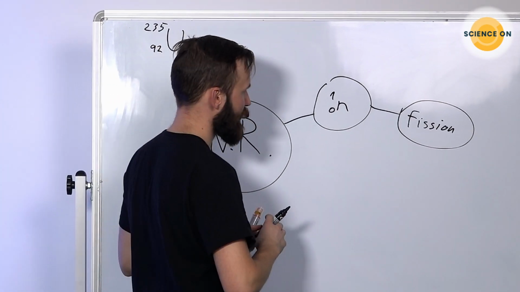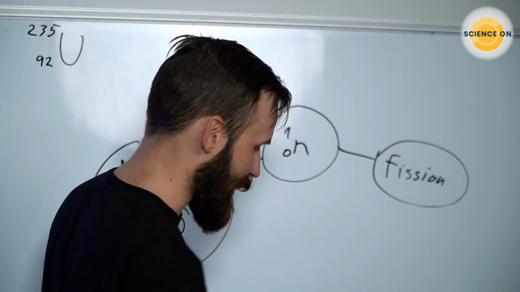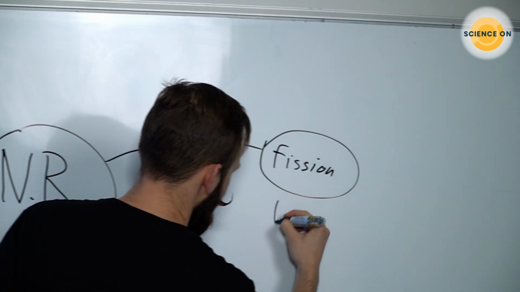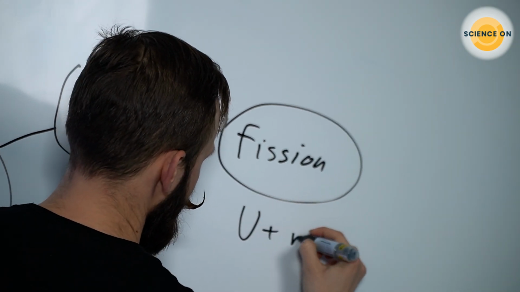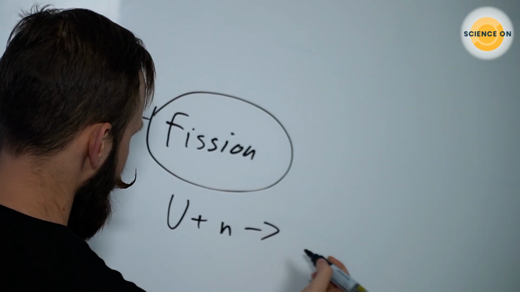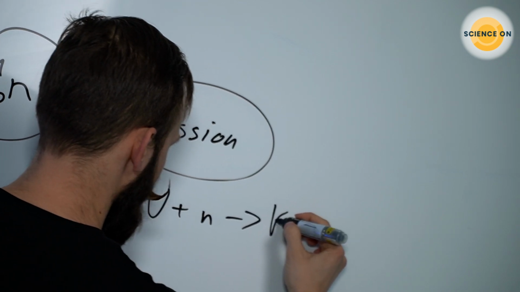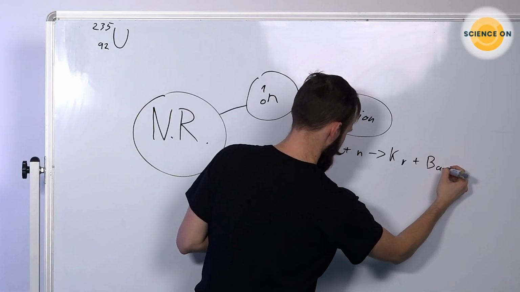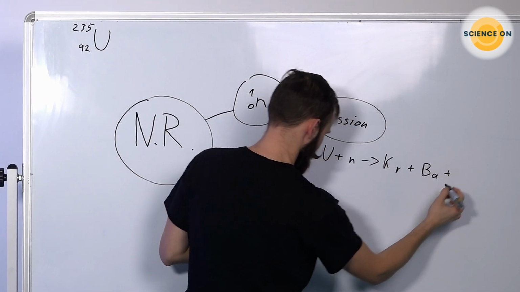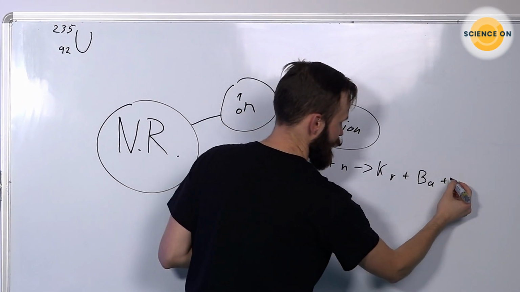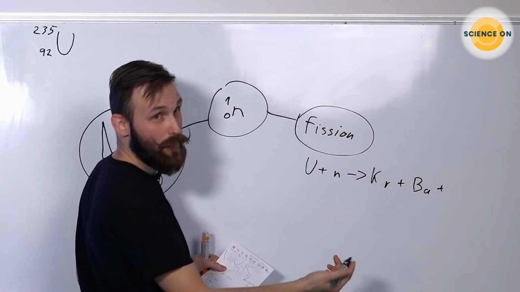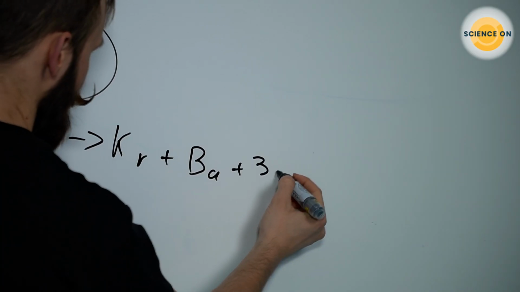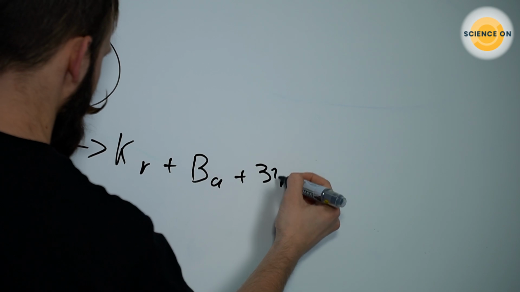If we write it down, there will be uranium plus neutron, and it leads us to krypton and barium and some number of neutrons, for example 3, 2 or 1 neutron. So we can put it in these equations.